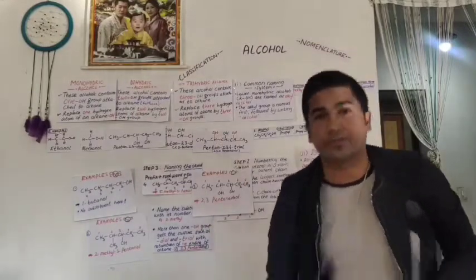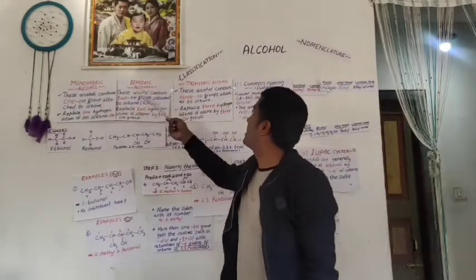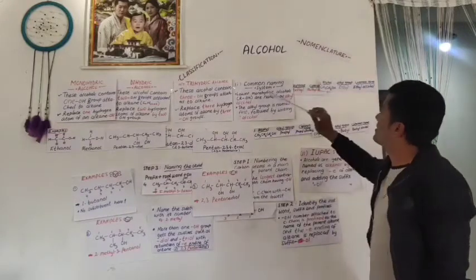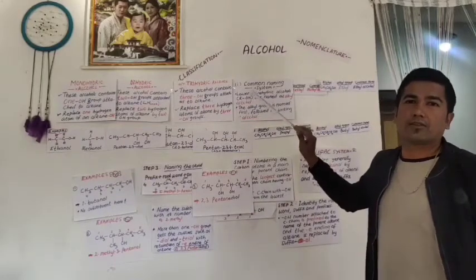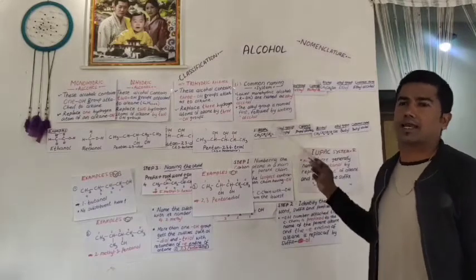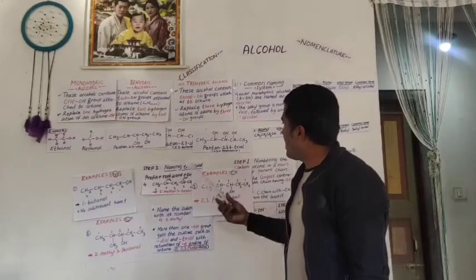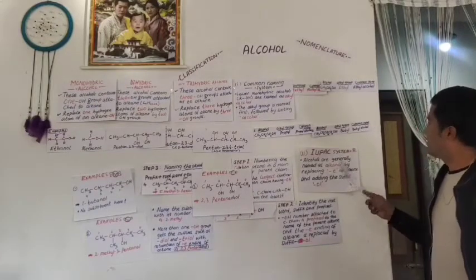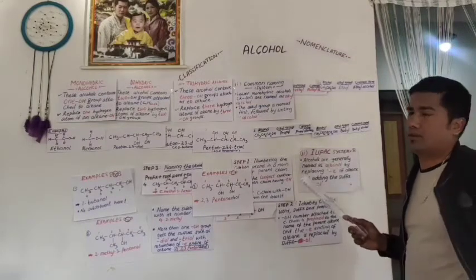And now just to wrap up. In classification, we have monohydric alcohol, dihydric alcohol, trihydric alcohol. Then in nomenclature, the common naming system, we give the alkyl group and write alcohol, for example ethyl alcohol, methyl alcohol, propyl alcohol. When it comes to the IUPAC naming system, which is the most important one, we write alcohols in the form of alkanols.